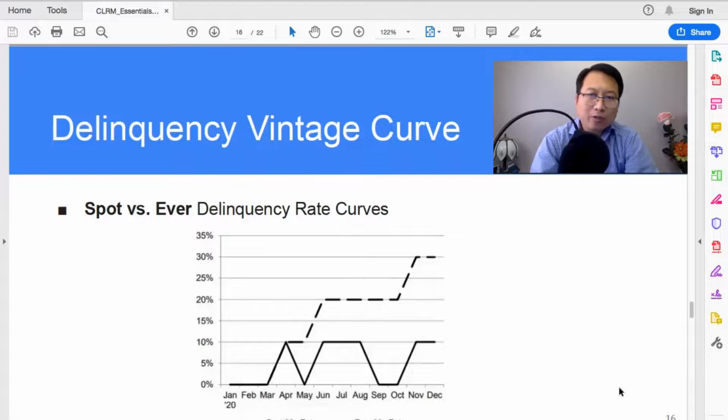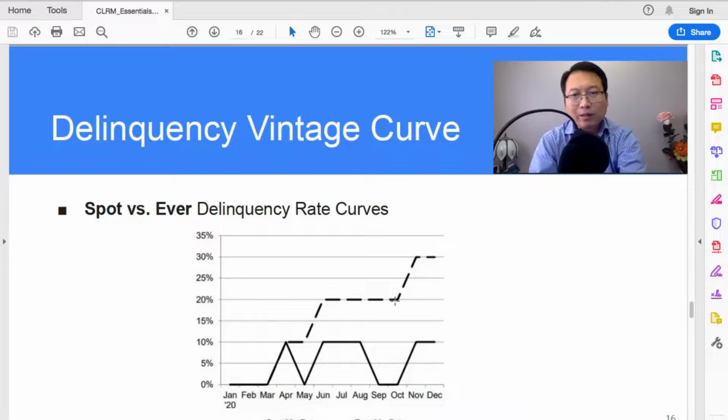We can better see the difference in the next chart. This chart shows the two lines corresponding to the 2 different calculations. The solid line is the spot 30 plus rate. You see it's 10%, then comes down, 10%, comes down, then goes back to 10%. But the dashed line, the ever 30-day plus delinquency rate, doesn't come down, right?